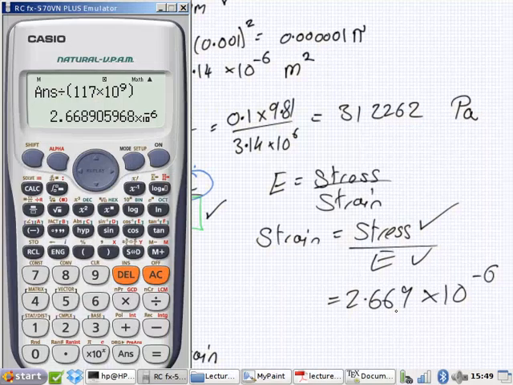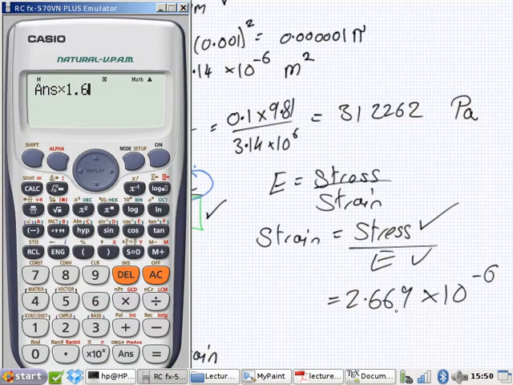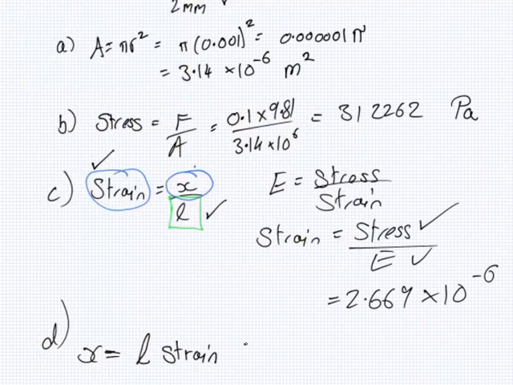So if I multiply this answer by 1.5, I get 4 times 10 to the minus 6. What's 10 to the minus 6? Micro. So 4 micrometers is the extension.